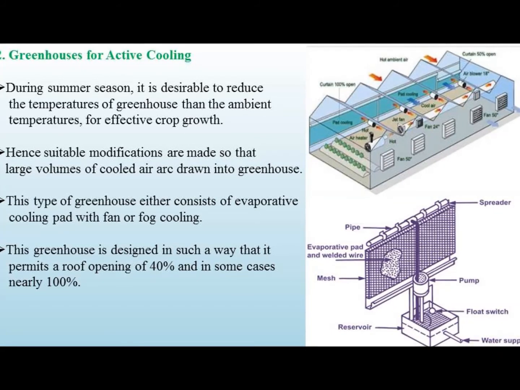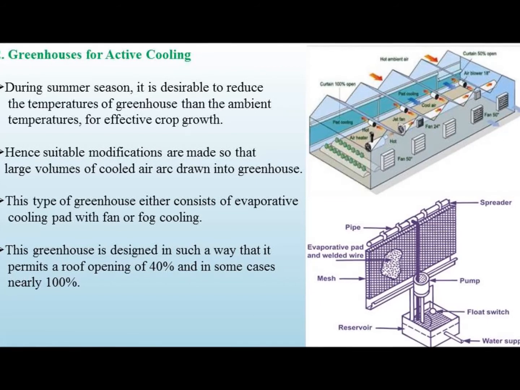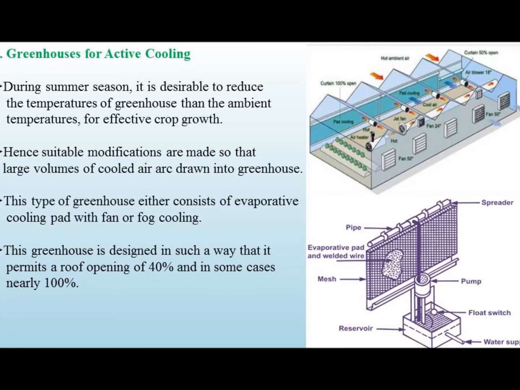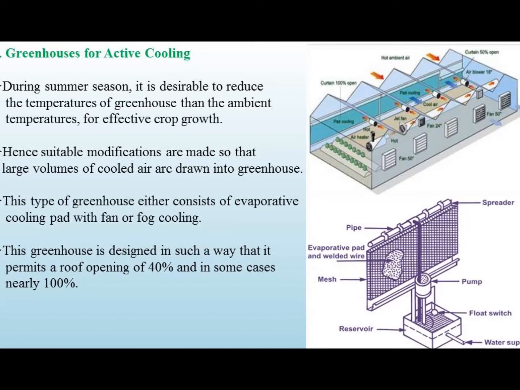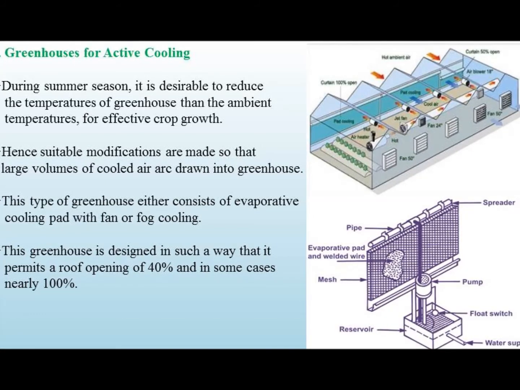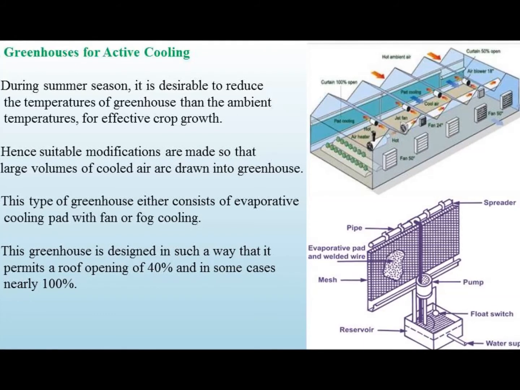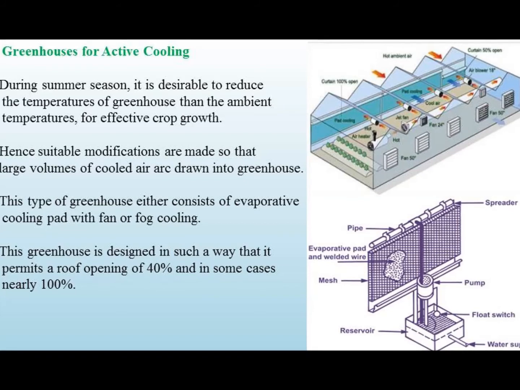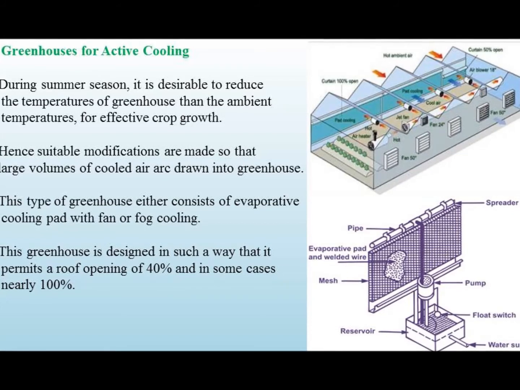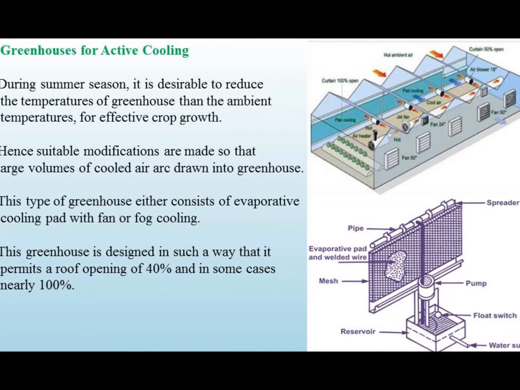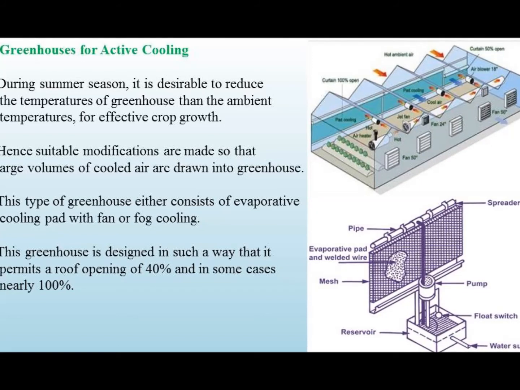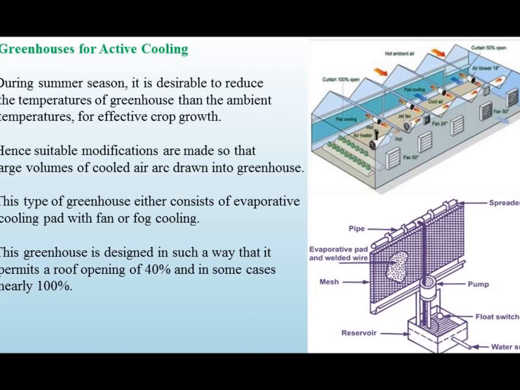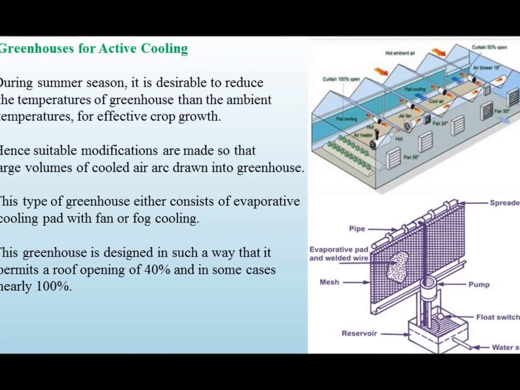To reduce the temperature inside the polyhouse, the polyhouse should have some cooling facilities like a fan and pad system or fogging system. With the help of a fan and pad system, we can reduce the temperature inside the polyhouse by about 8 to 10 degrees Celsius as compared to open conditions.